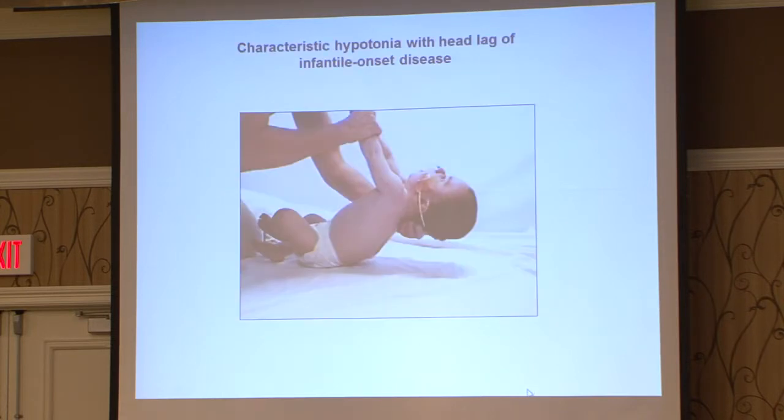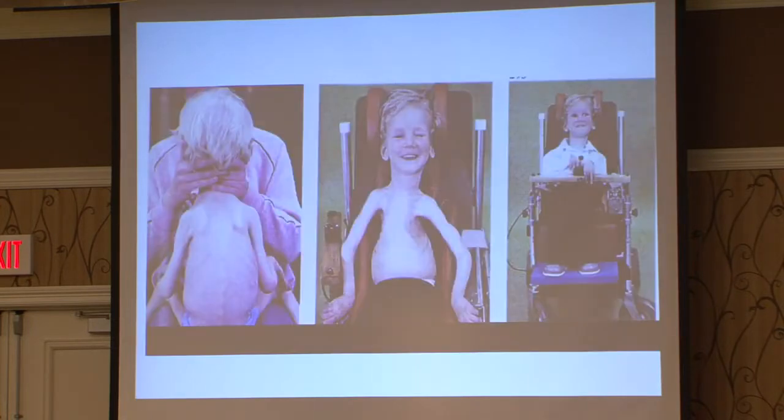Next. This is a child with Pompe who's floppy at birth. You see that he has no muscle tone and has an NG tube. This could be anybody with neuromuscular disease type 1. Next. Now, this is a child with spinal muscular atrophy. Generally, with severe infantile Pompe disease, the children are dead by 1 or 2 years of age because of cardiac failure.